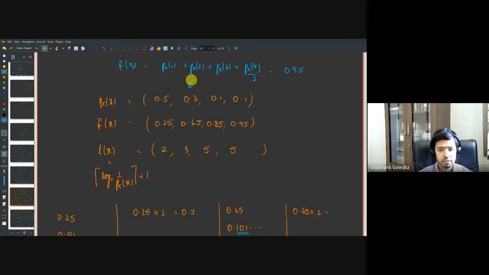Okay. So now I just want to encode 2. Do I need to find out what the code word is for this symbol and this symbol? No, right? So all I need to do is take 0.5 plus 0.3 by 2, which is 0.65. I need to compute log 1 over p of x, which turns out to be 3.